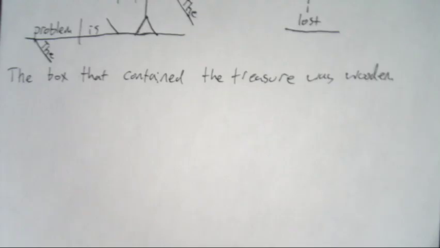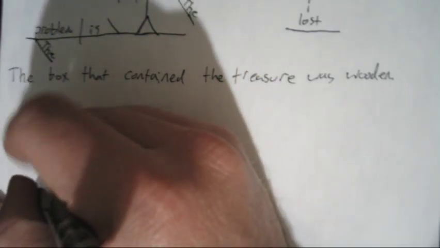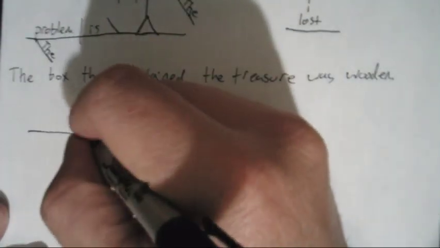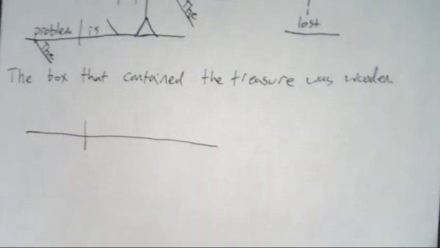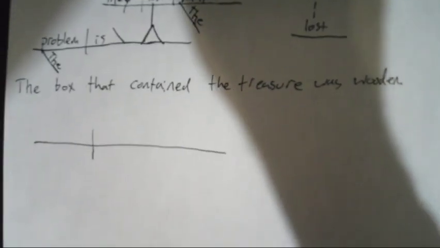The box that contained the treasure was wooden. All right. Let's go ahead and draw out our line here. Okay. What's happening in this sentence? Where's the subject? Let's label it out here.